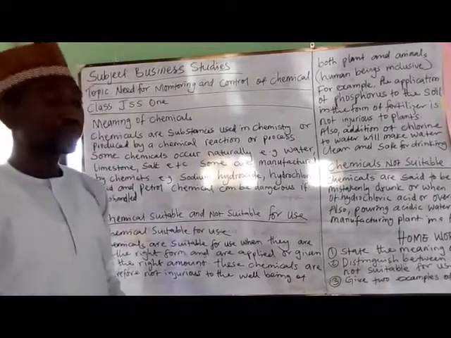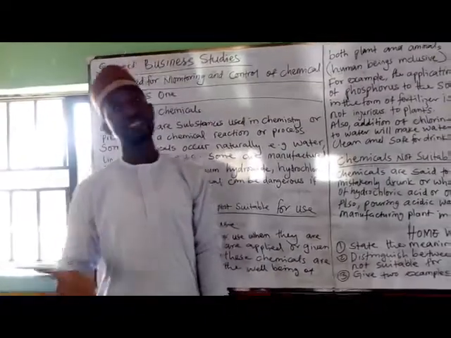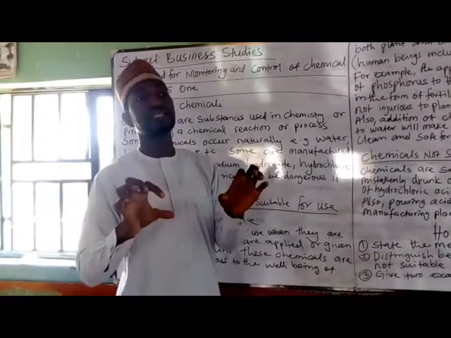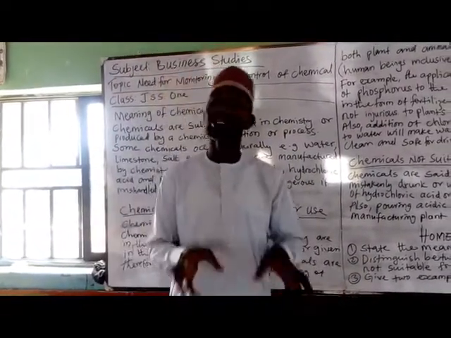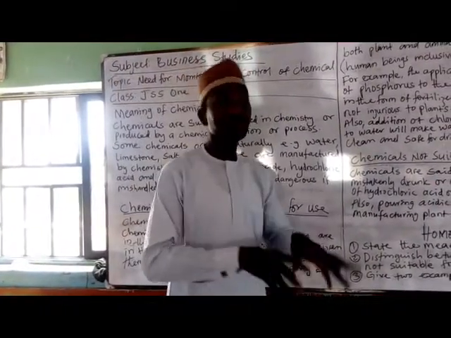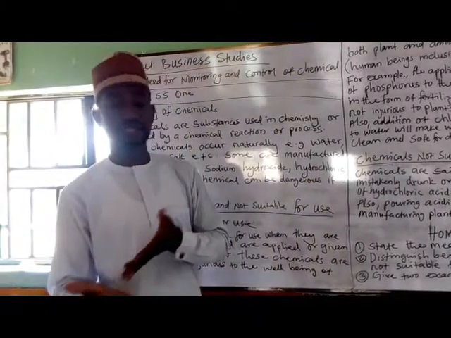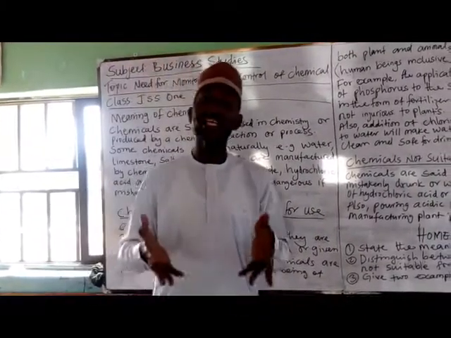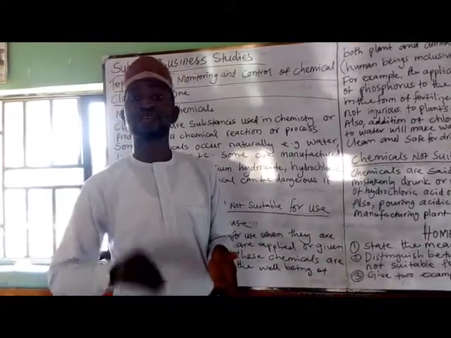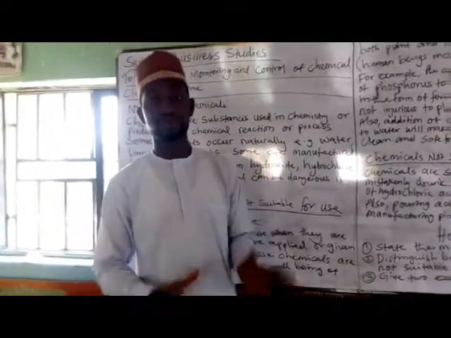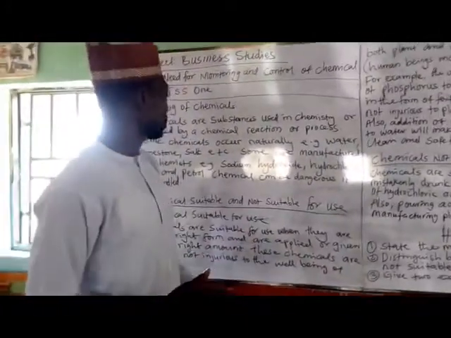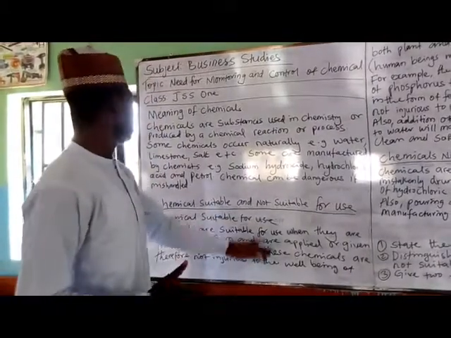Yes, of course, chemicals, despite the notion that they are harmful, still there are some chemicals that are suitable for use, just like I mentioned earlier, like salt, like chlorine that we put in water to purify it. Those chemicals are suitable for use.